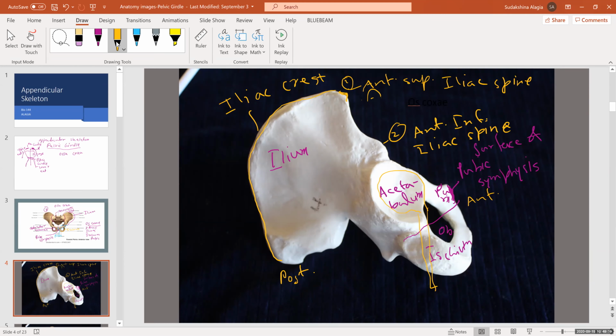So now, of course, what would we call this edge then? What would we call this edge?